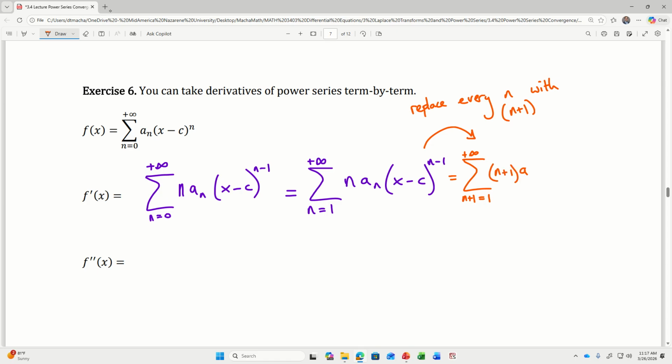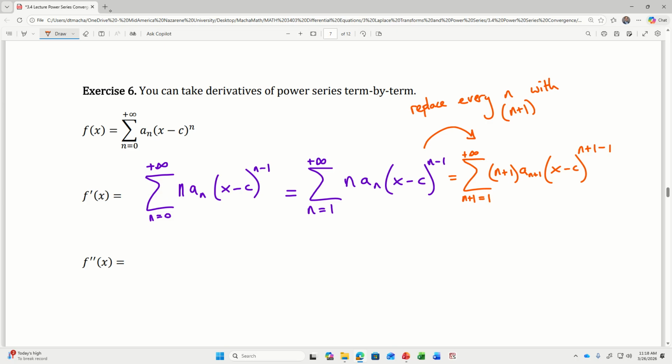I'm replacing every n with n plus 1. Like that. And my index variable was kind of arbitrary anyways, like how I want to number things is up to you. So it's okay if I do this, as long as I'm consistent about it. The consistency is the important part. I have to do that for every single n.